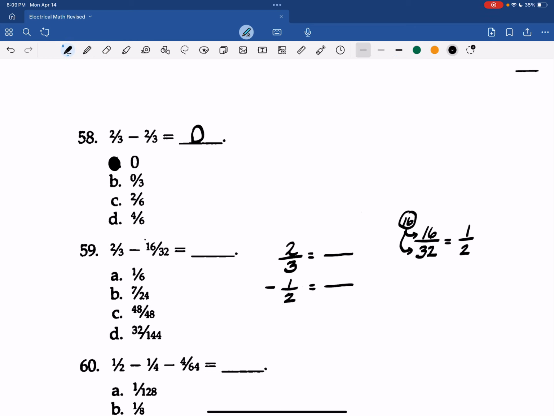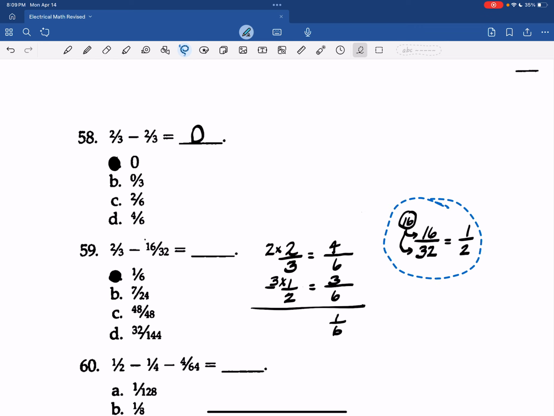And then my common denominator, lowest one, would be a 6. 3 into 6 is 2, and 2 2s are 4. 2 into 6 is 3, and 3 1s are 3. 4 take away 3 is 1, so the answer we're looking for is 1/6. I think that's the easiest way to solve that problem.